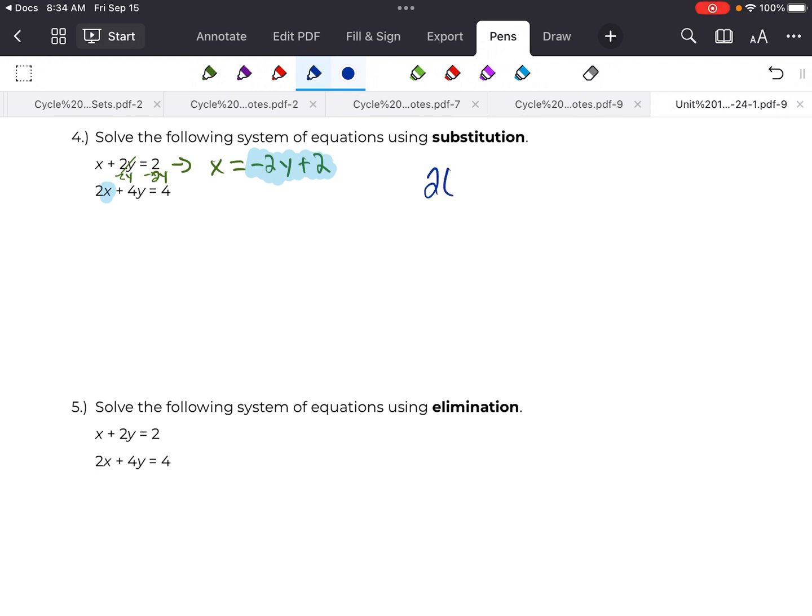So we get 2 multiplied by negative 2y plus 2 plus 4y equals 4. Okay, distribution, negative 4y plus 4 plus 4y equals 4.